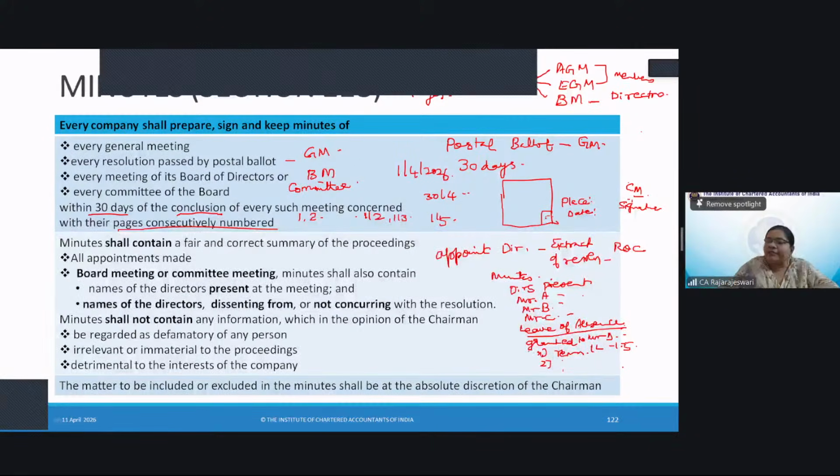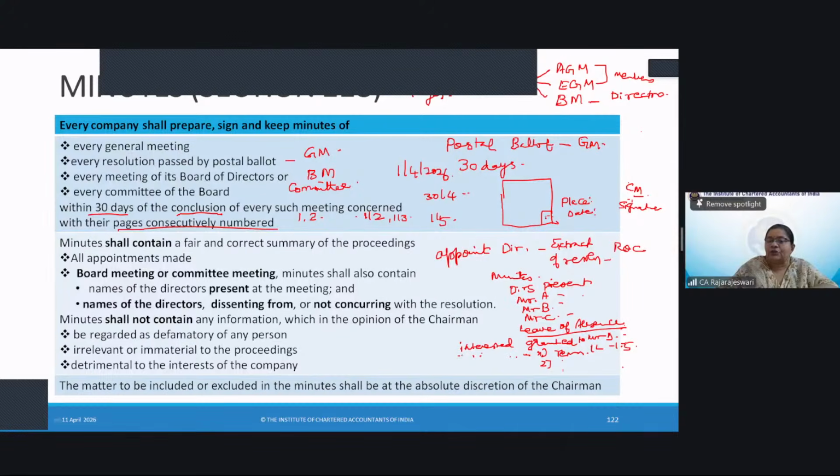But in the board meeting, when this resolution is passed, because I am interested or concerned in that resolution, I should not participate in it. It could be because of an increase of my remuneration, or because for the first time the board is appointing me. In that case, the person cannot participate in that resolution.